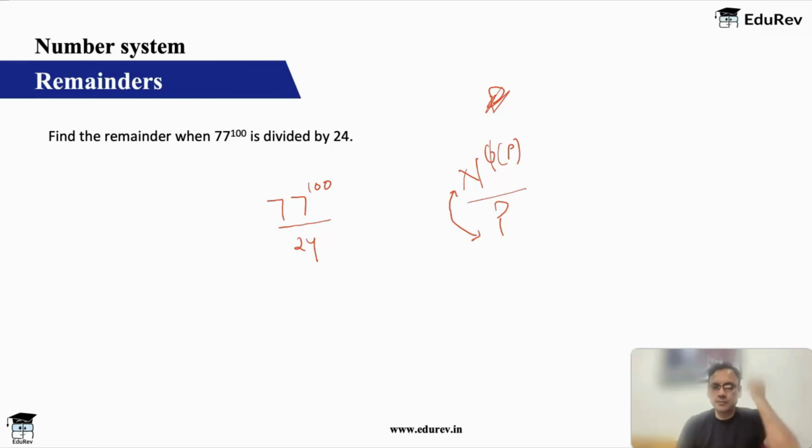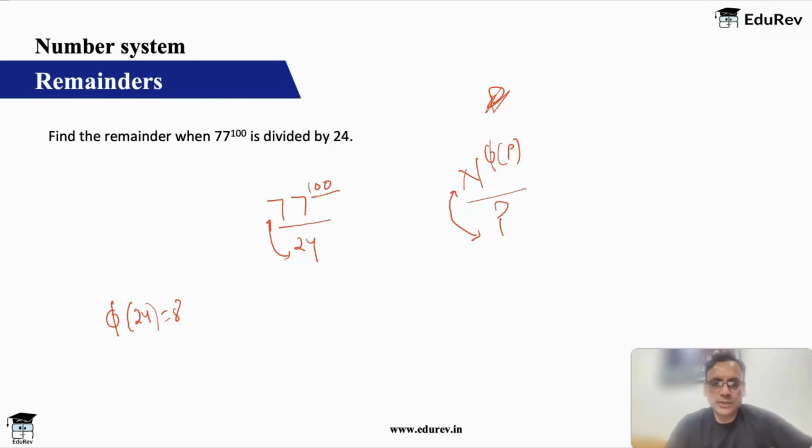If you have to apply Fermat, that must hold true, and that is still holding true. But now you can see that n is not raised to the power of Euler's totient. The Euler's totient of 24 is 8, but I have 100 here, which is fine. I can use the modified Fermat's theorem.